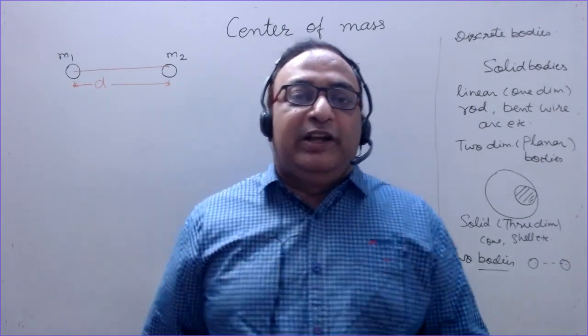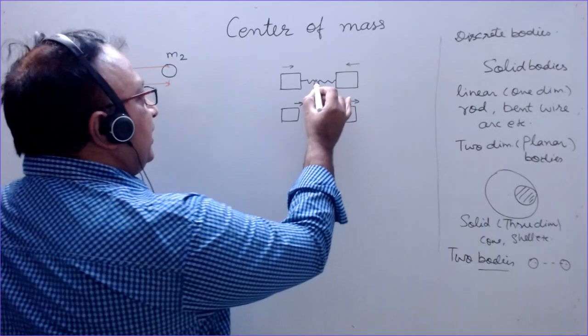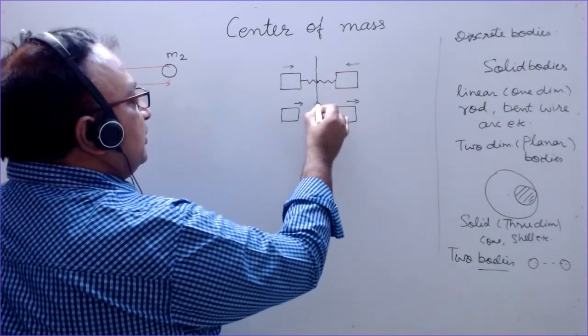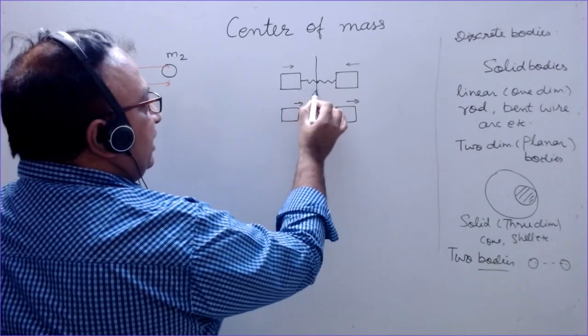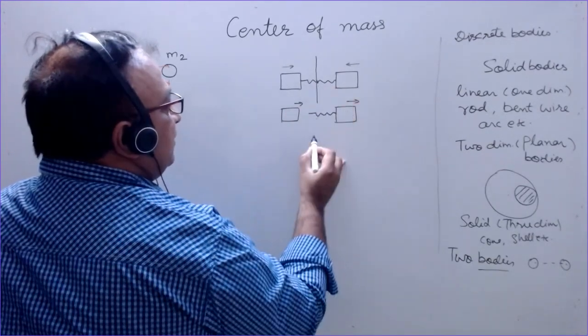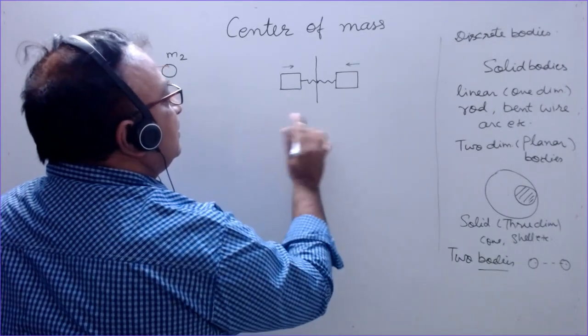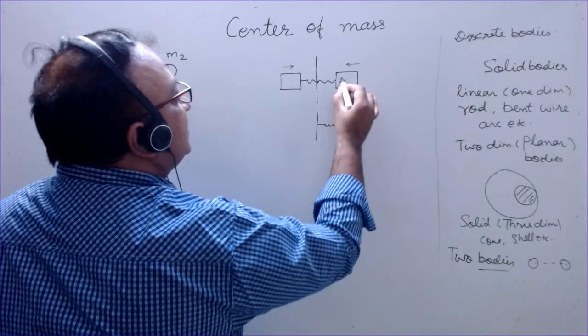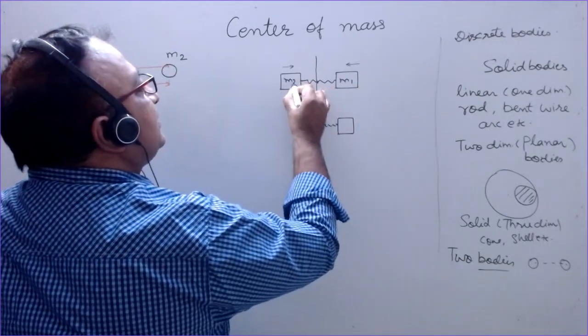So we can assume that this is the center of mass of the body. So I can assume that this spring can be divided into two parts, and one body is having motion like this. M1, M2 are the masses.